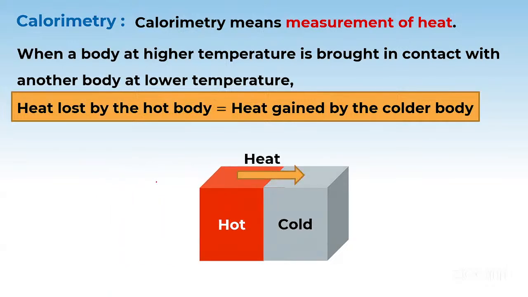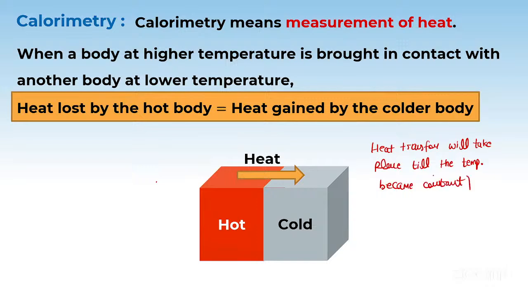Transfer of heat will take place from the hotter body to the colder body until both have the same temperature. ये heat transfer कब तक होगा? Heat transfer will take place till the temperature becomes constant.